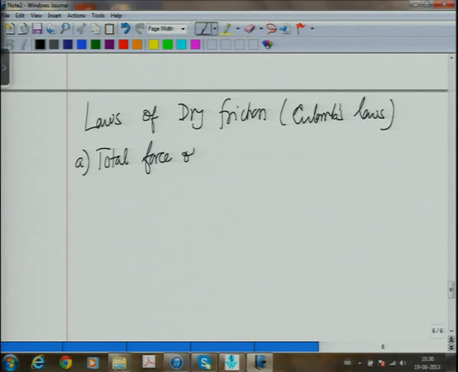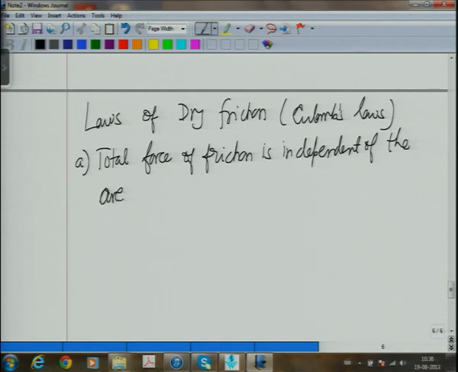The first law says the total force of friction is independent of the area of contact for low velocities.